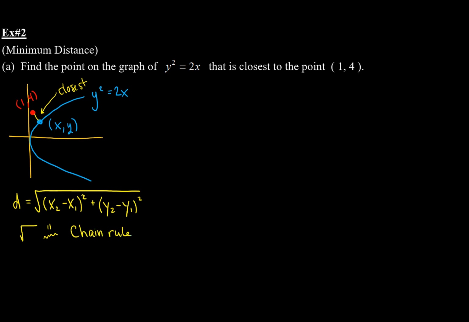So what we're actually going to do is minimize d by minimizing the radicand, the thing inside the square root. In other words, we are going to minimize d squared.